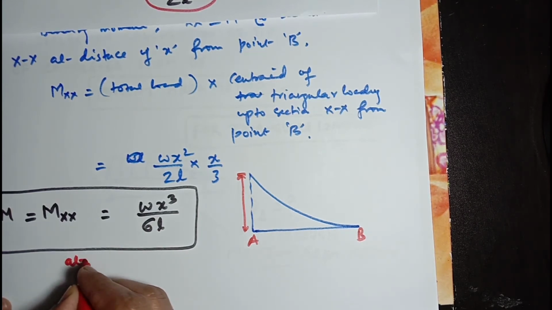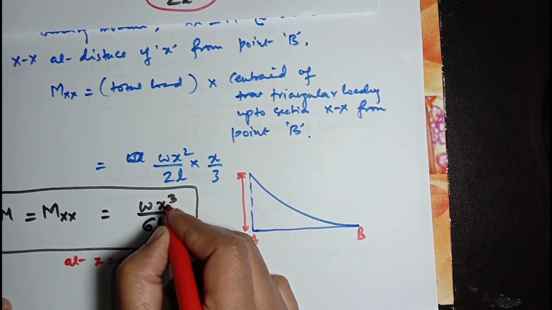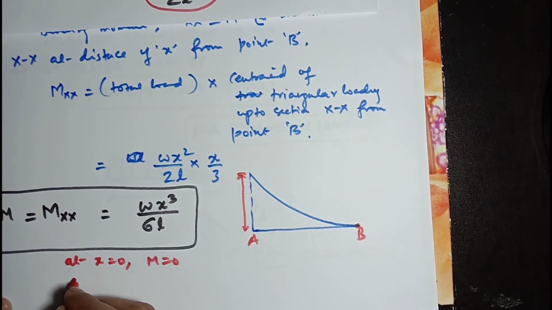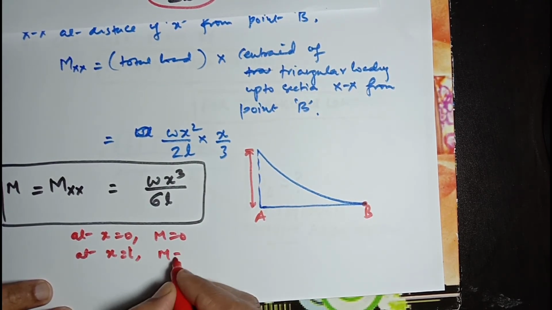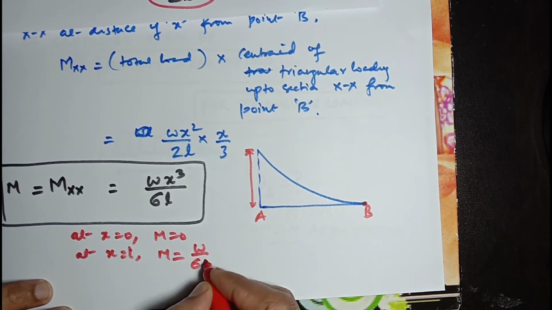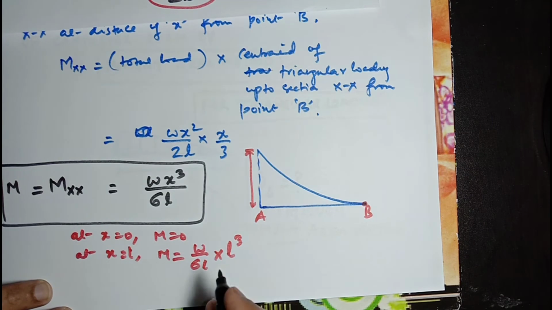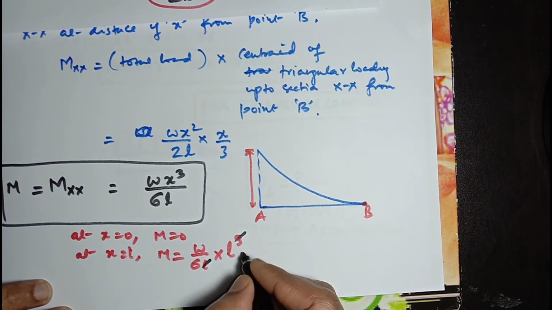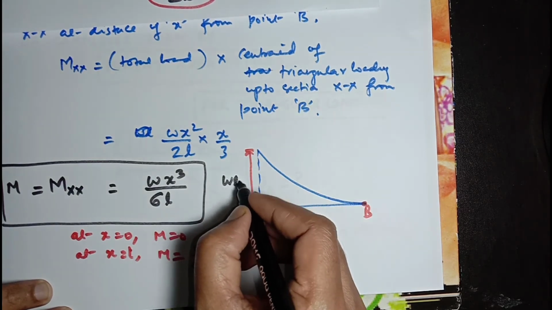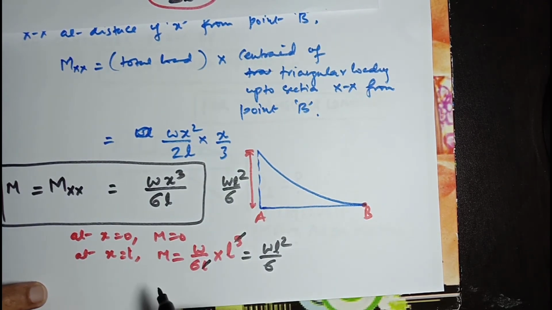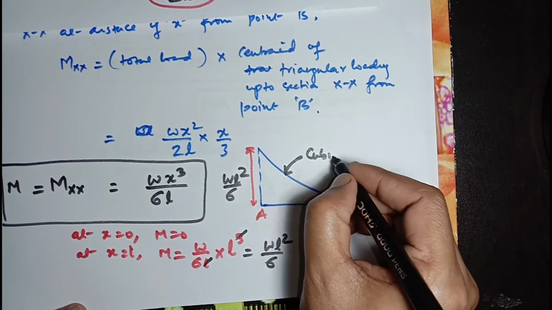At X equal to 0, M will be 0. At X equal to L, M will be W divided by 6L multiplied by L cube, and L cube divided by L gives W L square by 6. This value will be W L square by 6, and this will be a cubical curve.